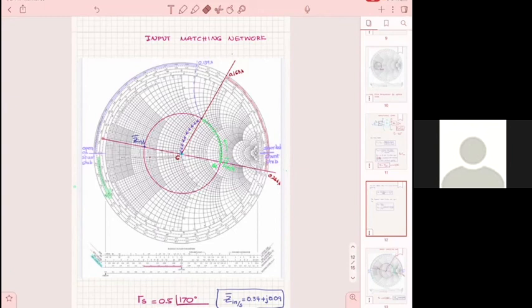For the final tomorrow, if we had this exact problem and we moved towards the source and did all the math right and got a matching network, would that be considered a correct answer? Yes. If you get me any of the matching networks, because there are multiples, you will get the correct answer.